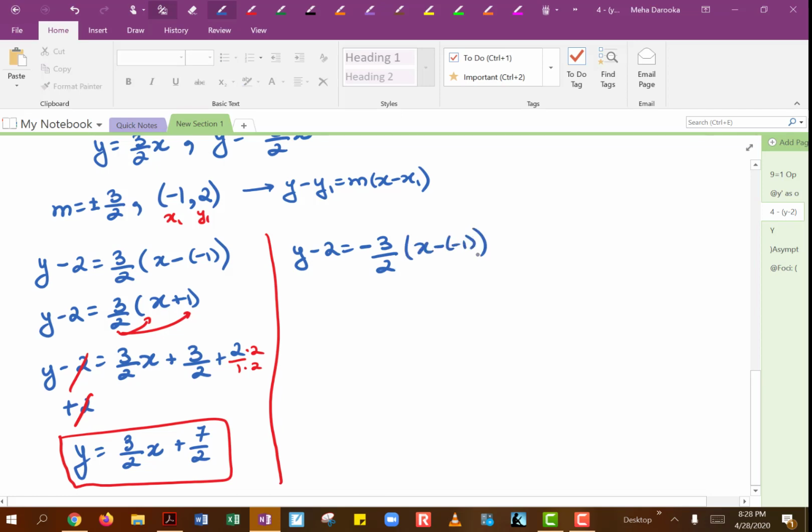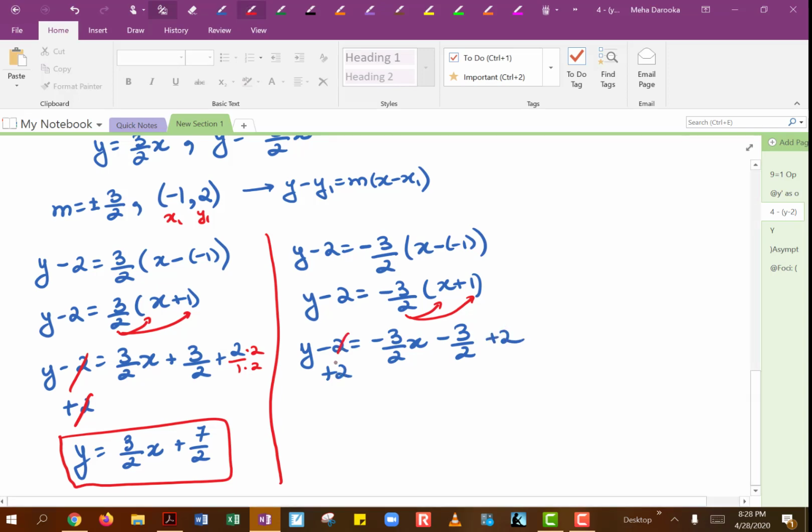So we get y minus 2 equals negative 3/2 times (x plus 1), since two negatives make a positive. Just like we did before, distribute that negative 3/2 inside the parentheses, and we end up getting negative 3/2 x minus 3/2, and then again add this 2, move it to the right hand side, get y by itself.